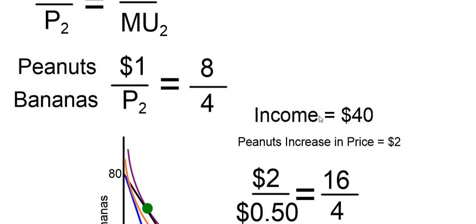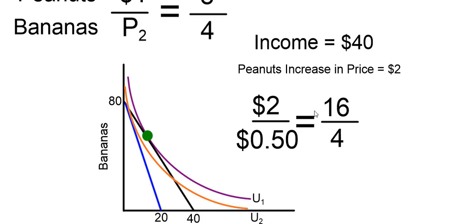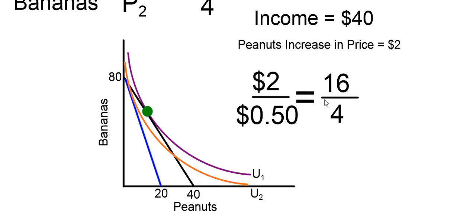Okay, so to make this make more sense, I just went ahead and assumed, and you could use any income you want, but I just made it simple and said, okay, well, let's assume that Sasha's income is $40. So she has $40 to spend on either bananas or peanuts or some combination of the two.